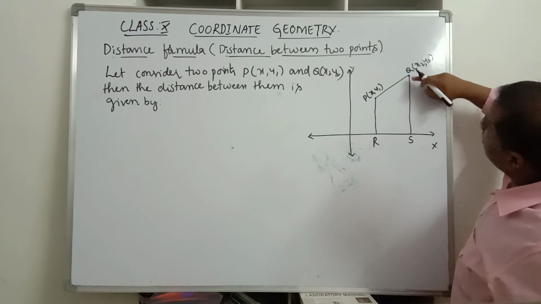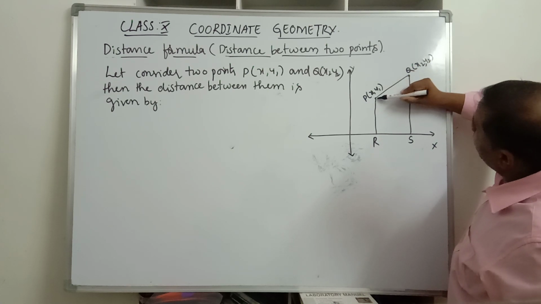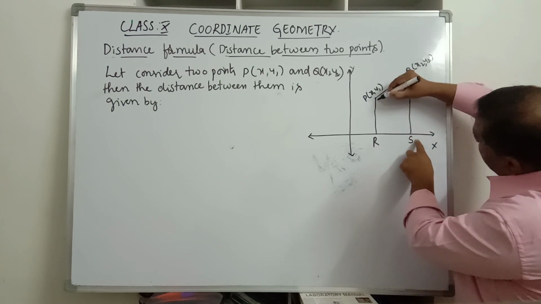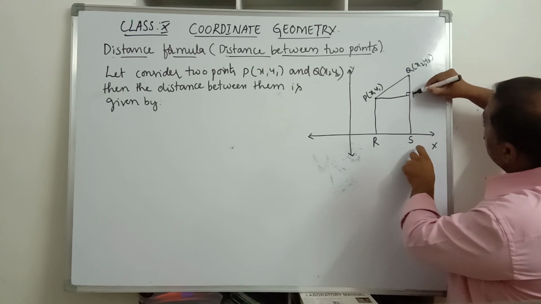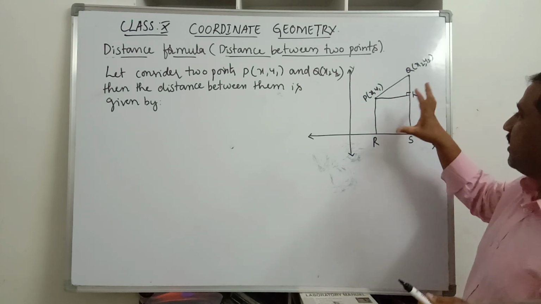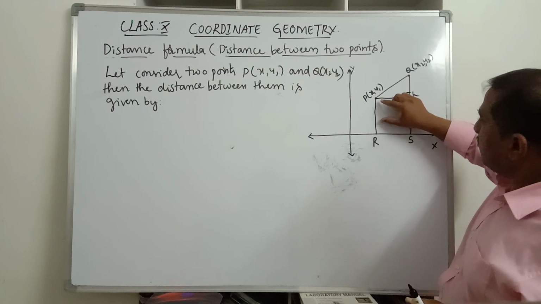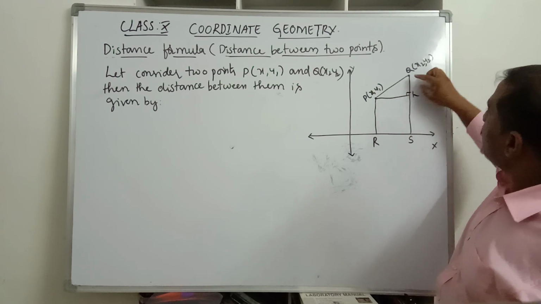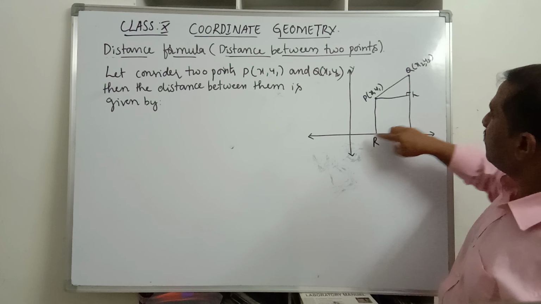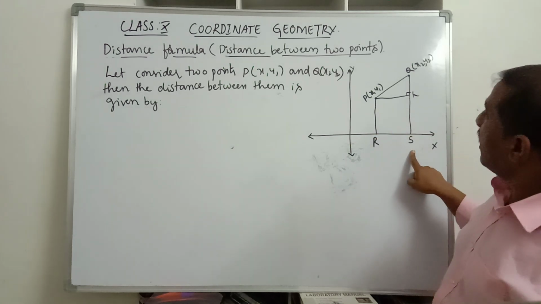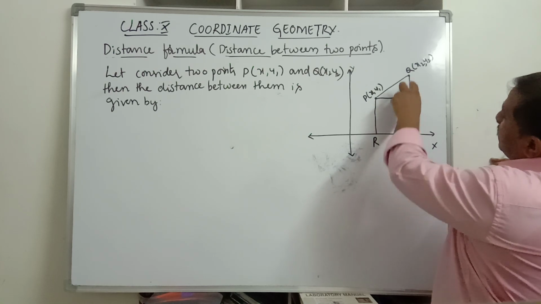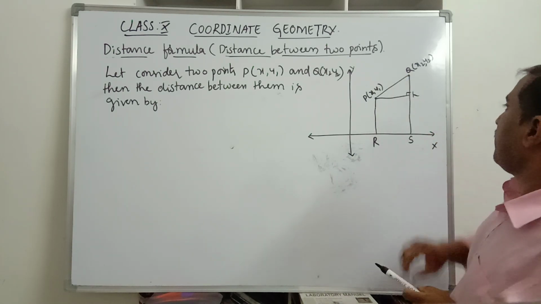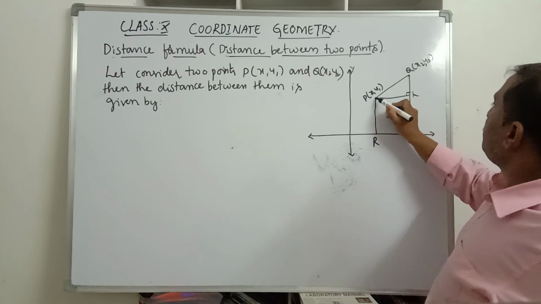Similarly, from point P draw a perpendicular to QS, and take this point as T. So here are 3 constructions. From point P draw PR, and from point Q draw QS, both perpendicular to the x-axis, and PT perpendicular to QS drawn from point P. Now here we got a triangle.